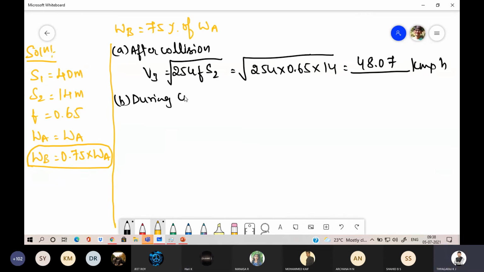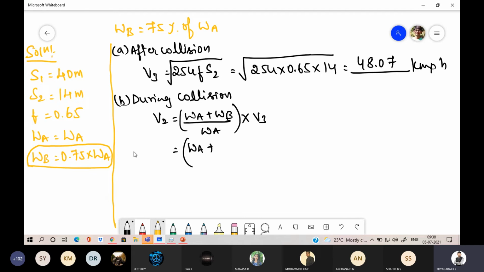Now, during collision, V2 is equal to (WA plus WB) divided by WA into V3. Here we have to consider WA. What is WB according to the problem? 0.75 WA. So (WA plus 0.75 WA) divided by WA into V3.